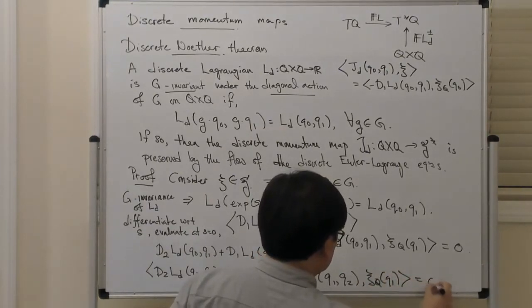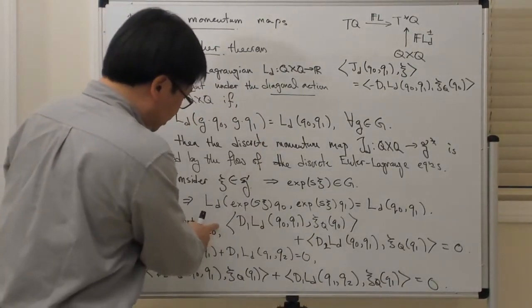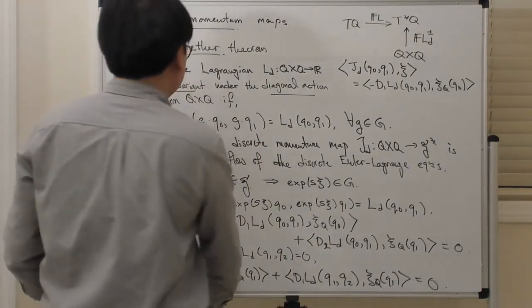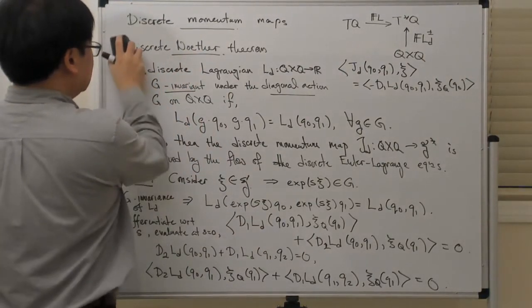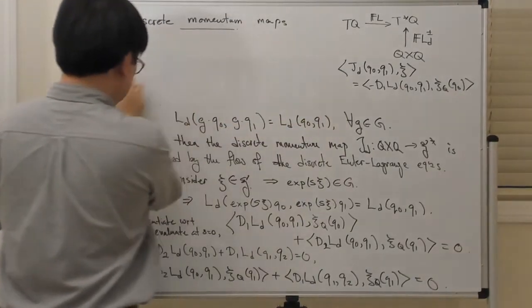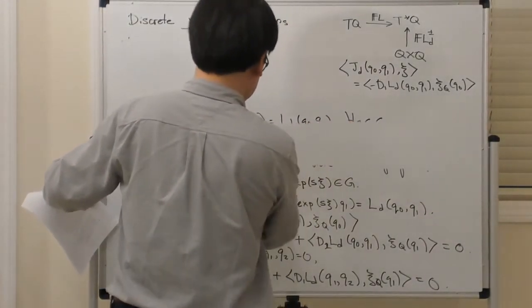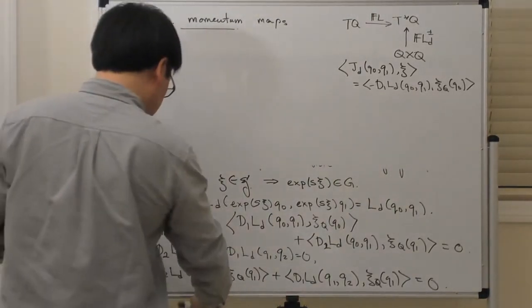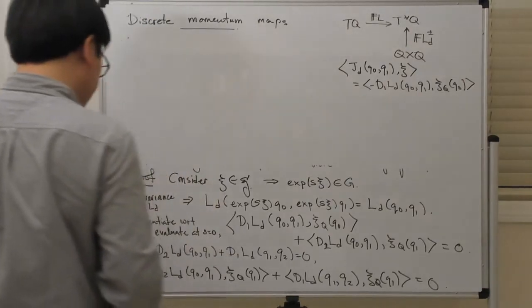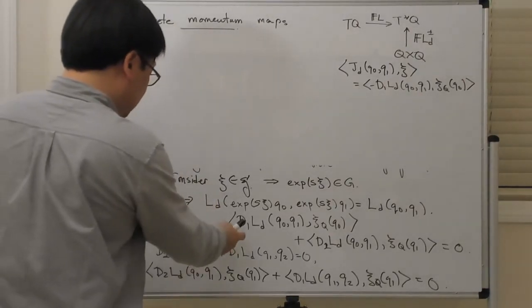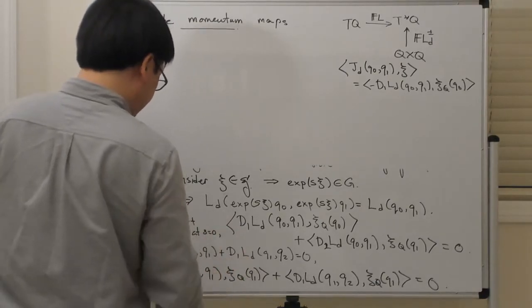That whole thing is equal to 0. Okay, so I have this equation, and then I can take the difference of the two.